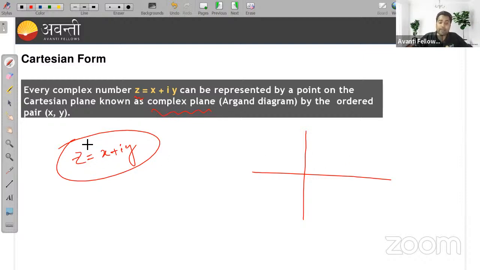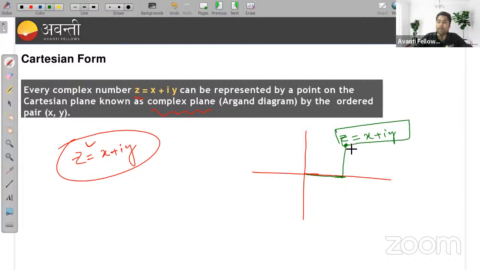In the complex plane we can represent this x plus iy, and we can also say the Argand plane. That means we need to cover x units on the real axis, then we need to cover y units on the imaginary axis, then we plot the point z equal to x plus iy.